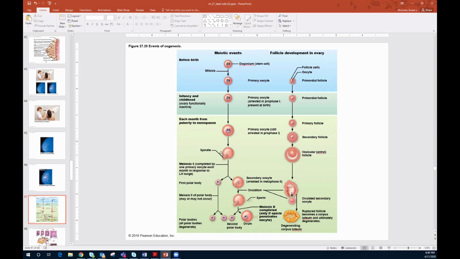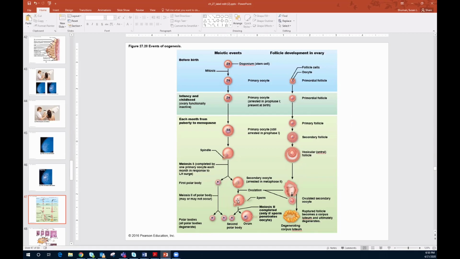The part that is gotten rid of is called a polar body, the first polar body. It tucks it up under its little cytoplasmic membrane. I think of it as taking junk and putting it in your back pocket. I don't care what it does. It's garbage in my back pocket, whatever. Okay, so it's a very unequal division at the end of meiosis 1.